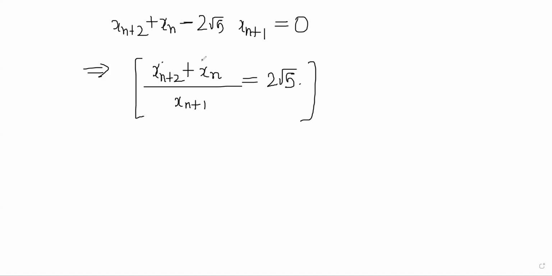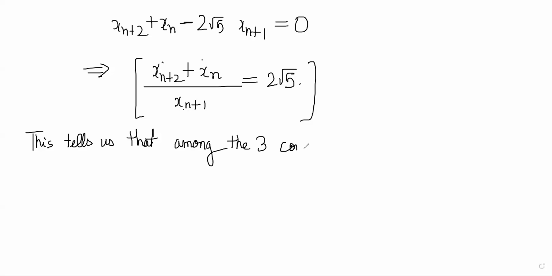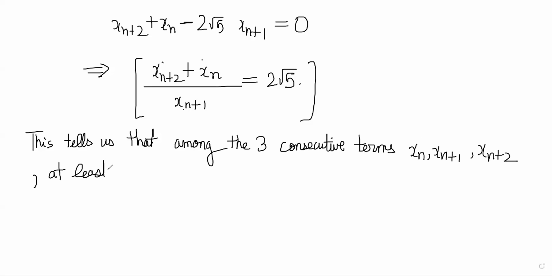Now think of this, these are three successive terms. This tells us that among the three consecutive terms, x_n, x_{n+1} and x_{n+2}, at least one term must be irrational.